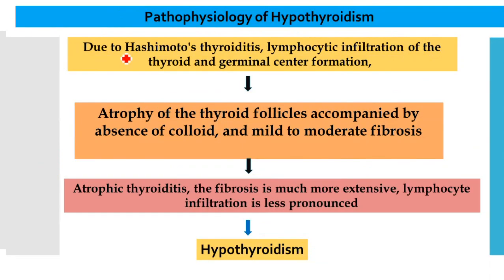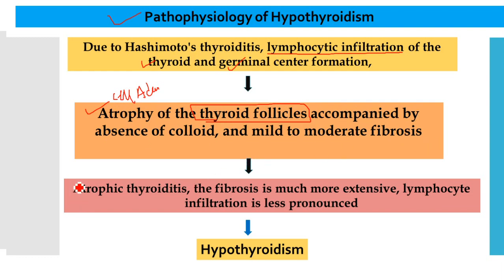Now in case of hypothyroidism, due to Hashimoto thyroiditis, which is one of the causative factors, there is lymphocytic infiltration of the thyroid gland, germinal center formation occurs, and atrophy of the thyroid follicles. Now atrophy is one of the major cell adaptation processes, and it is accompanied by the absence of colloid and mild to moderate fibrosis inside the tissue.